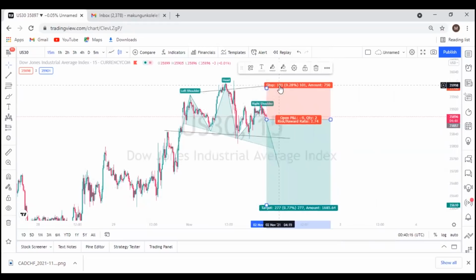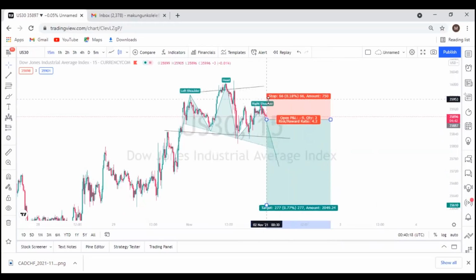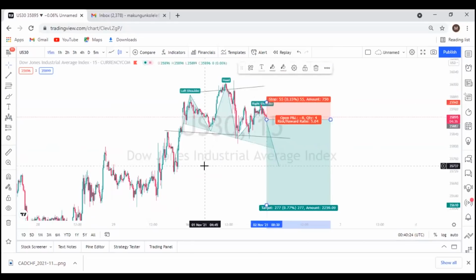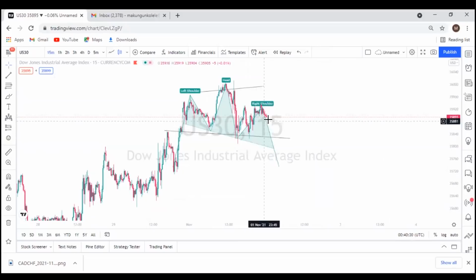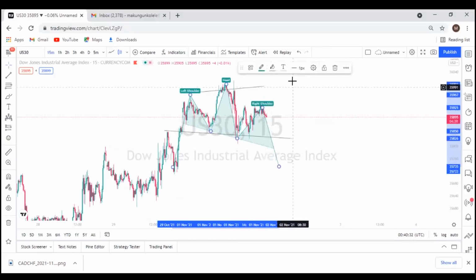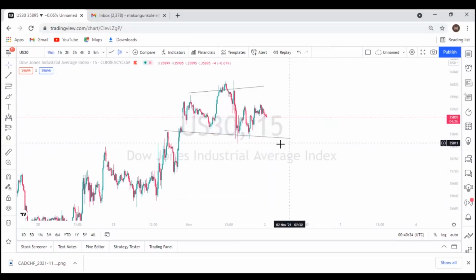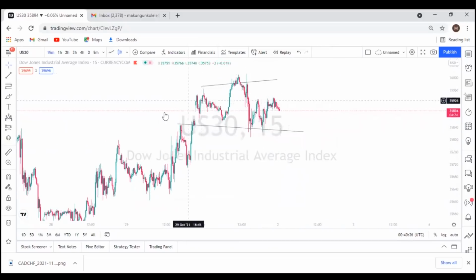But it can happen. It's a possibility, and I'm not gonna ignore the fact that this could happen. So these are the two possibilities, just like Nasdaq. But you need to wait for the market to present itself.